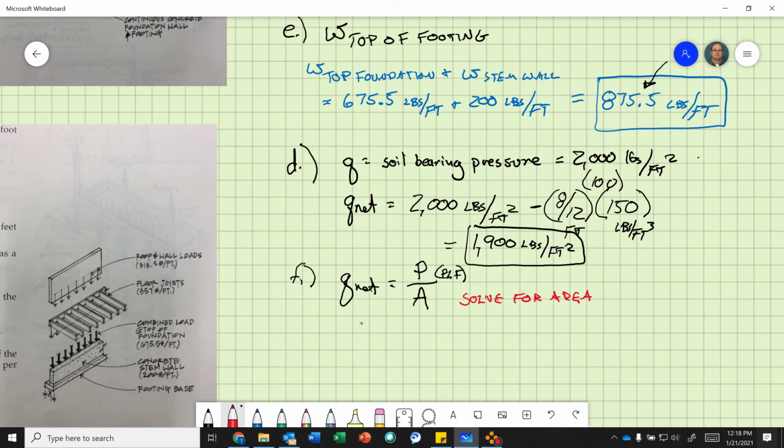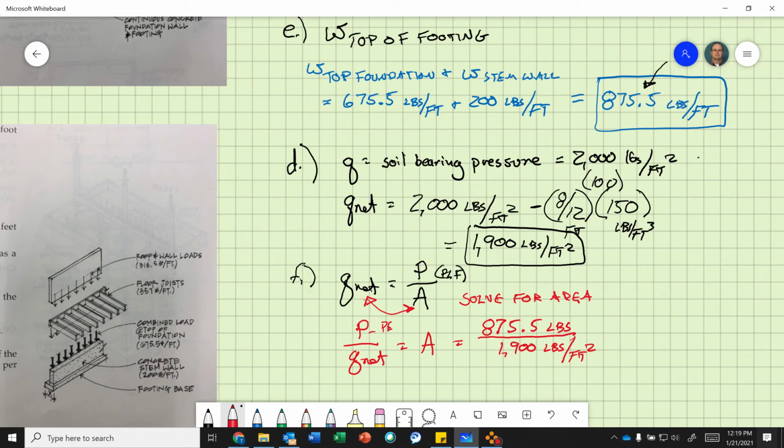Okay, so to solve for that, doing algebra, basically these switch places. We go P over Q net, and that equals area. So we have 875.5 pounds divided by 1,900 pounds per square foot, because remember, we're doing this on a per foot basis.